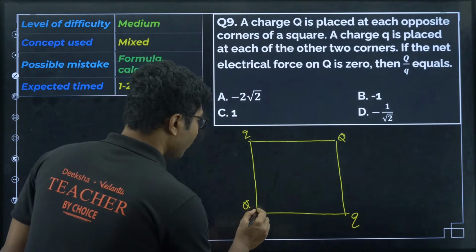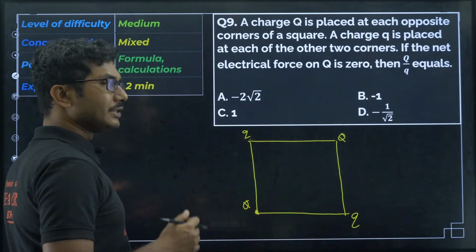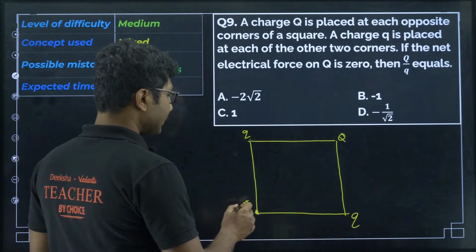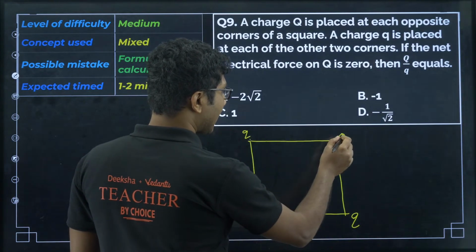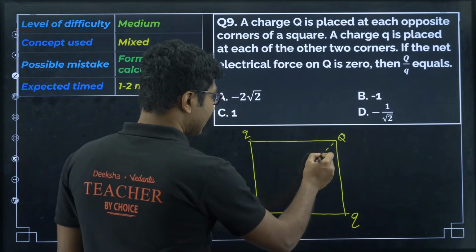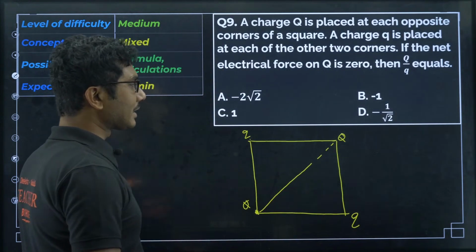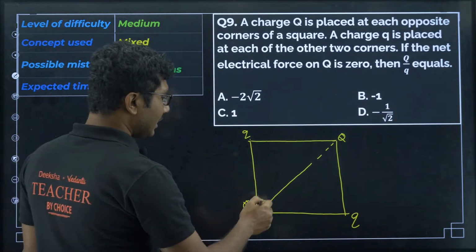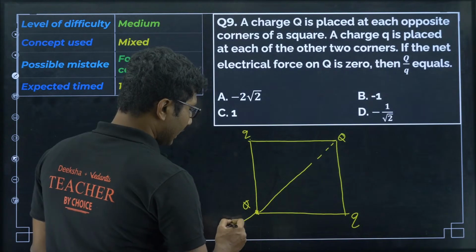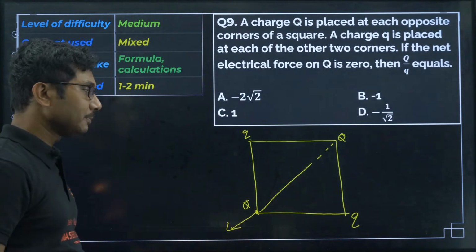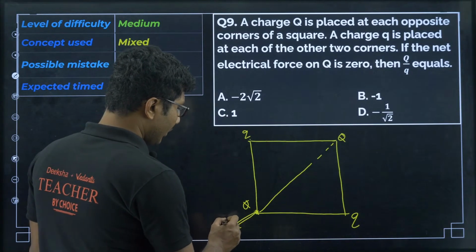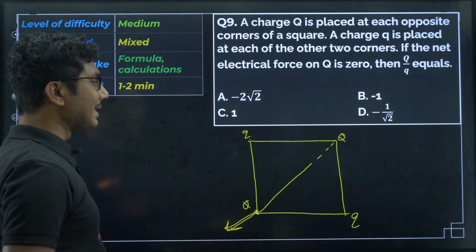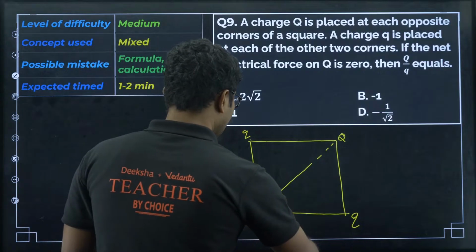The net force on this charge is 0. So what is the net force? First of all, you have to remember that these two charges are the same, which means they can only repel, in the diagonal direction. If this is a repulsive force, it can only be balanced if there is an attractive force in this direction.